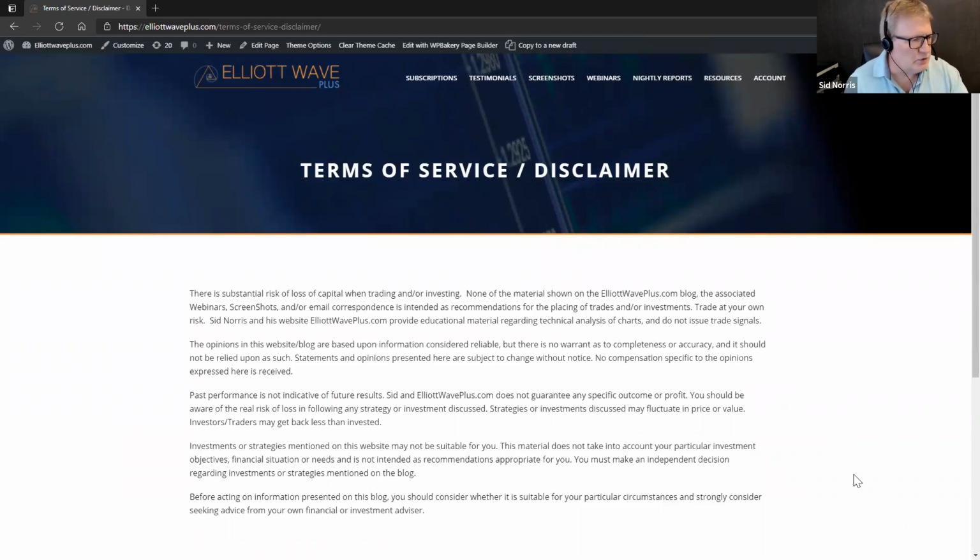One special note that I would like to make, while we're talking about automated trade signals, is that past performance is not indicative of future results. And there's other language in here that is required by law that I put in there.